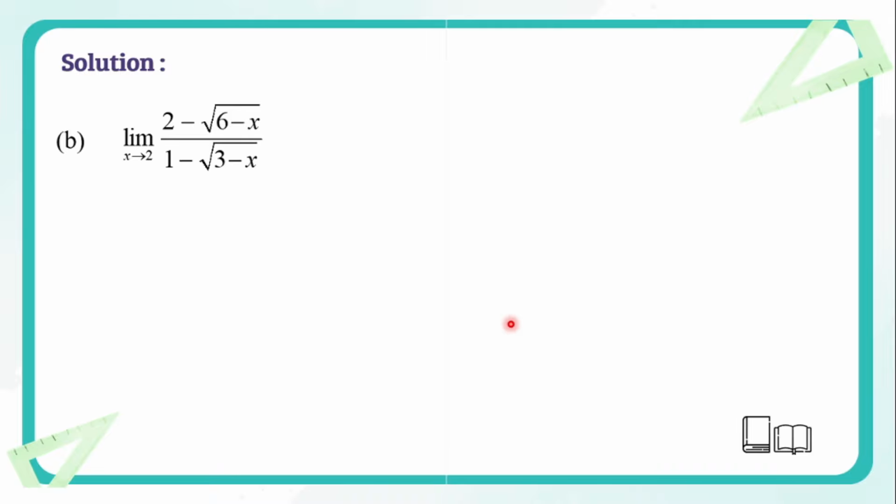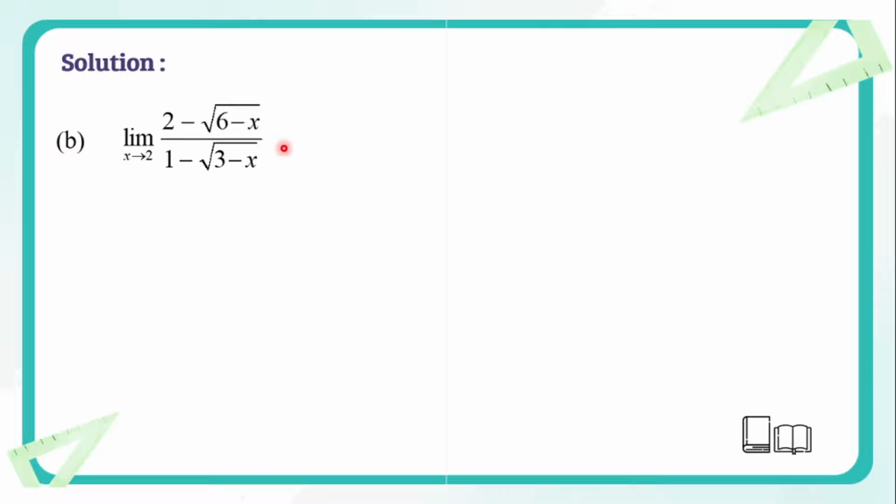Yes, we get 0 over 0. So we already know that when we get 0 over 0 and the fraction has a square root, we need to use the multiplication of conjugate method.